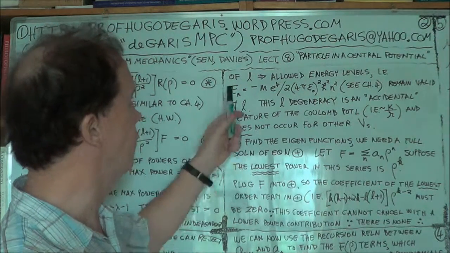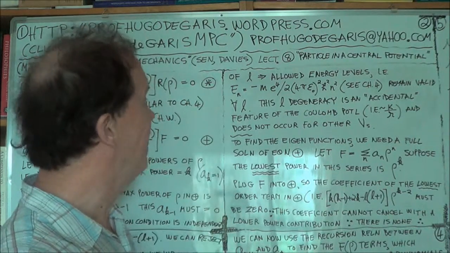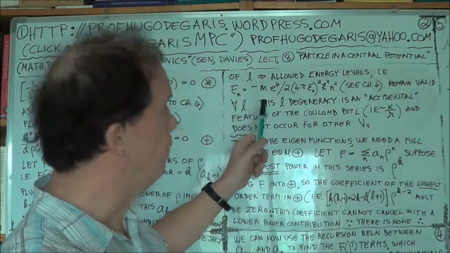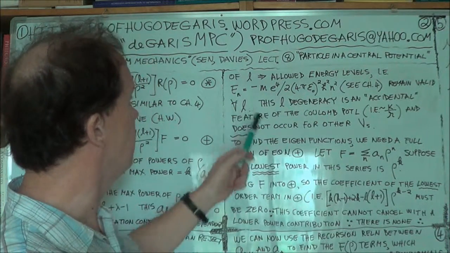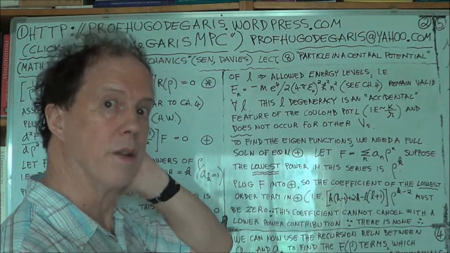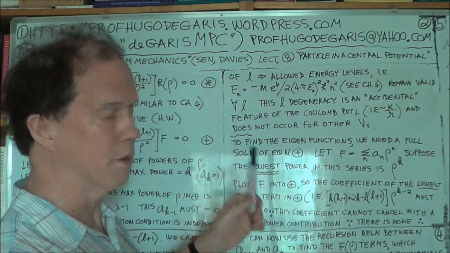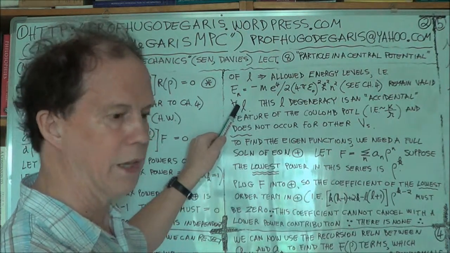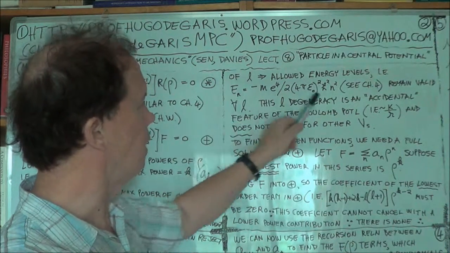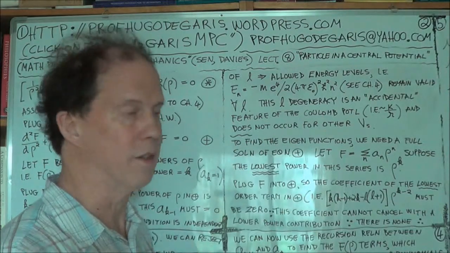So you can have different eigenfunctions corresponding to different angular momenta, but the eigenvalues, the energy, independent of L. So you'll get degeneracy. You'll have different eigenfunctions corresponding to different angular momenta, but having the same energy eigenvalue. So hence degeneracy.